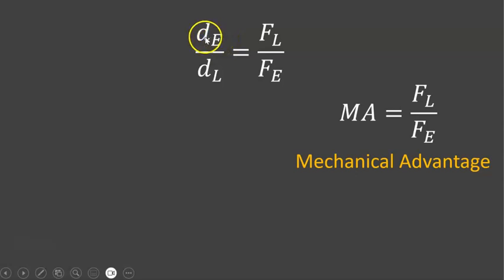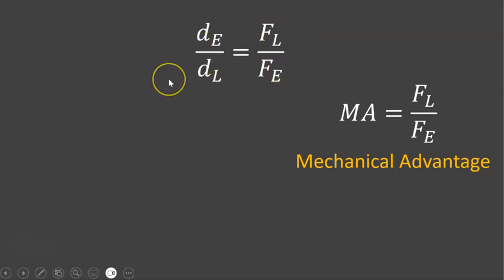On the other side, I have the ratio of the distances. You see how that's opposite: the distance of the effort over the distance of the load. We may be tempted to define a quantity called distance advantage, where for a given effort distance we get a bigger distance moved by the load. But the reason we don't put d_L over d_E is because of this equal relationship.